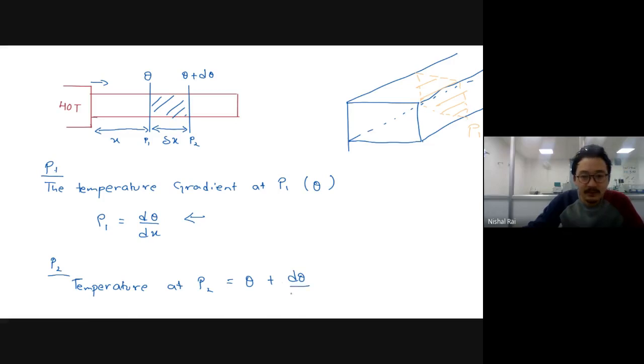Clear? Or can we write this in this fashion? Is this point clear or not? If your gradient over here is exactly delta x, then delta x will cancel out, so you will end up with theta plus d theta.